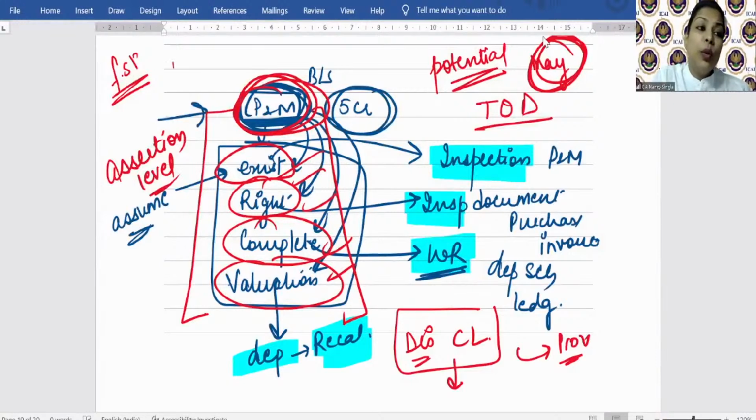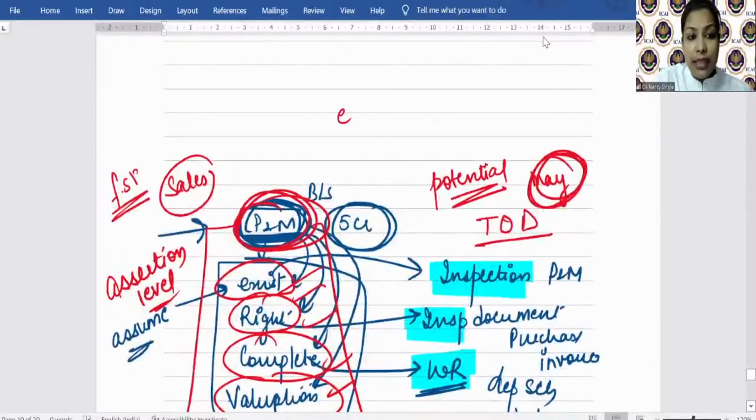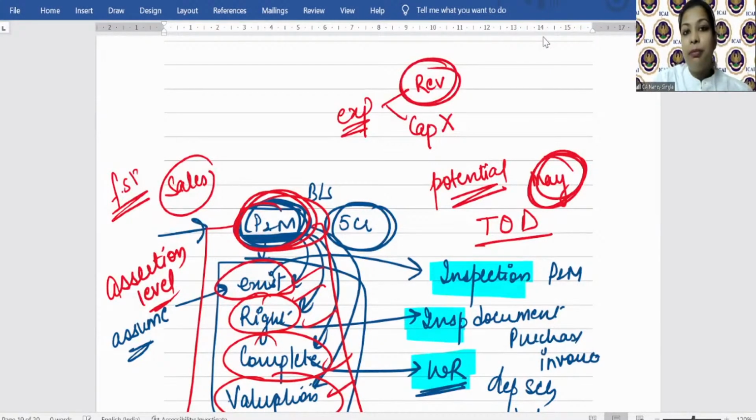Okay? So let's say with respect to sales, we have discussed, right? So let's say with respect to any expense, the auditor will see that it should not be a capital kind of expenditure. It should be a revenue nature expenditure. It should be an expense which has been incurred for the official purpose, not for any personal purpose of the MD of the company.